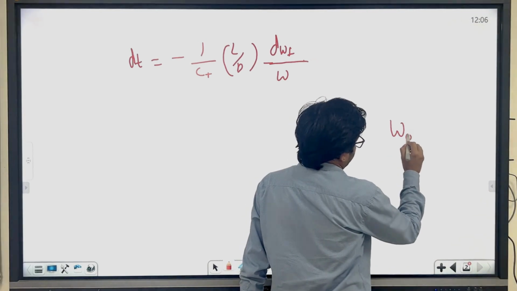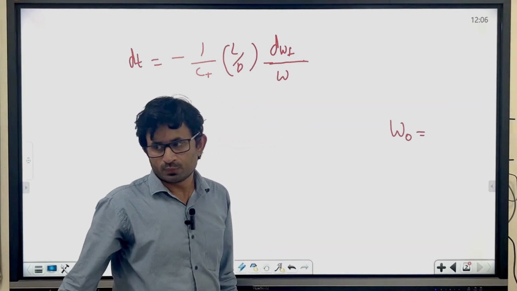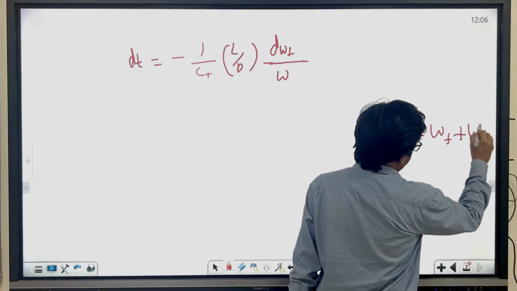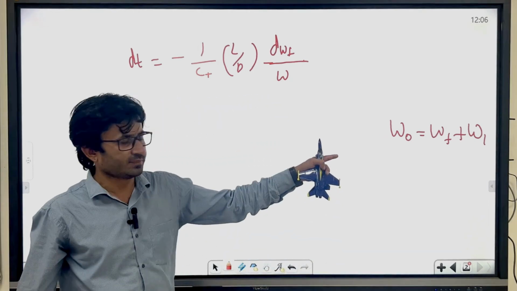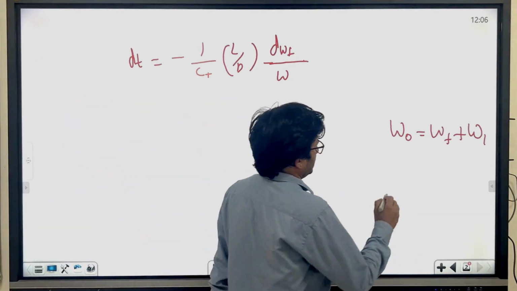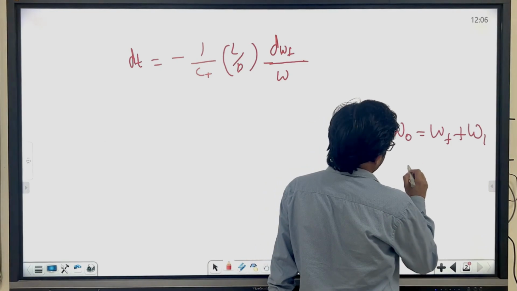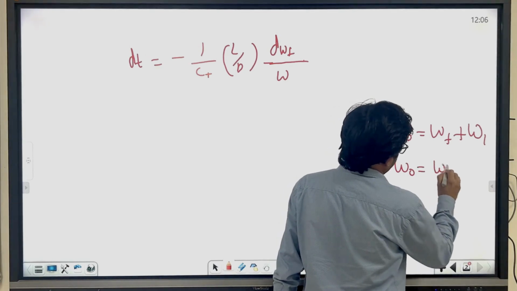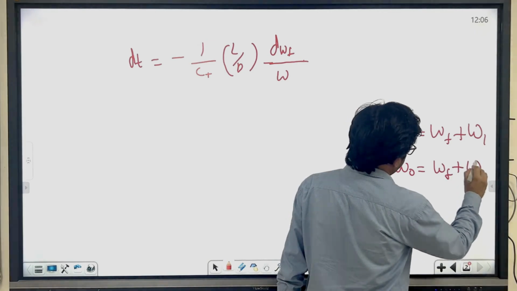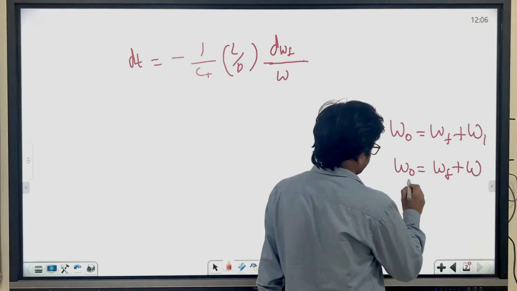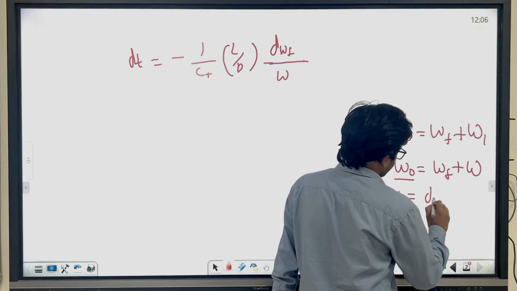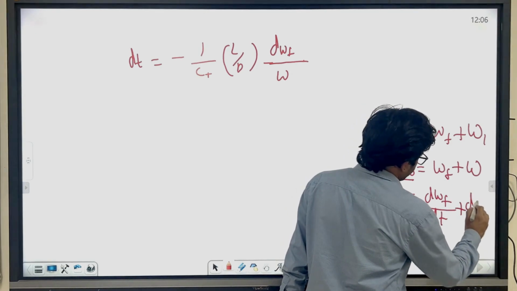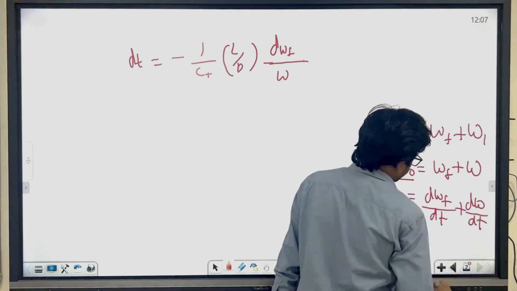So let's say your total takeoff weight is W naught, and by burning the Wf fuel, your remaining weight is W1. So W1 plus Wf will be W naught. And if you differentiate this, W naught is constant, Wf is the fuel, and this remaining weight you call W. So dWf by dt will be dW by dt.